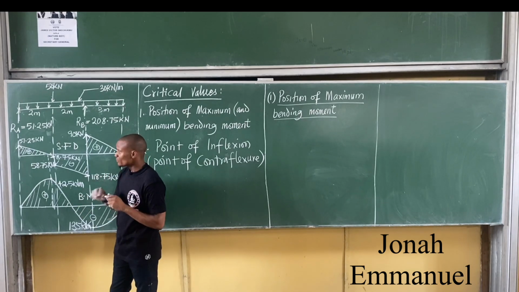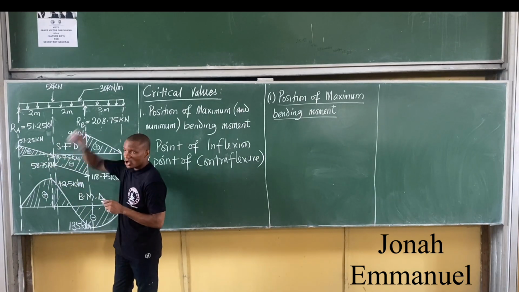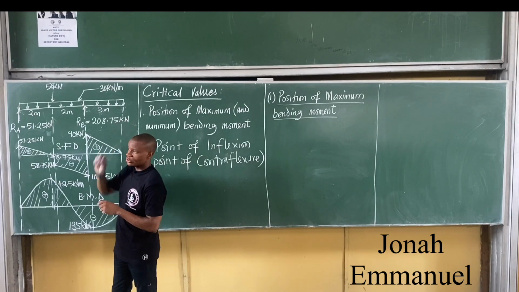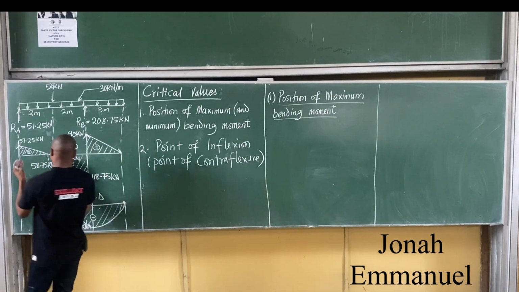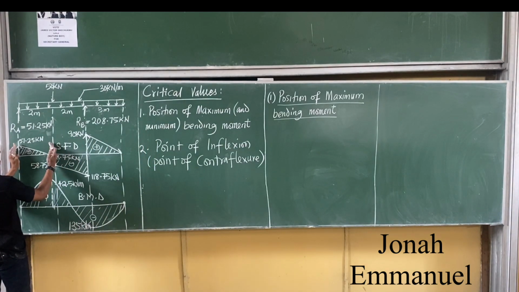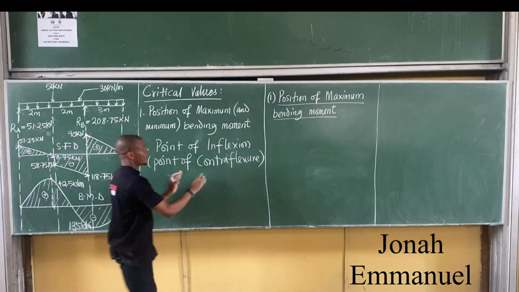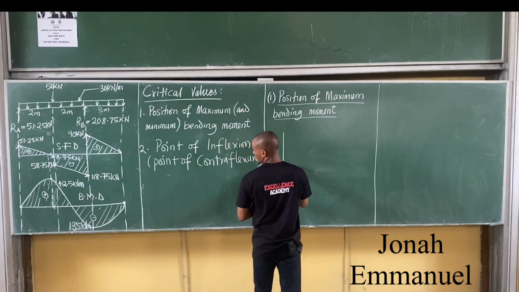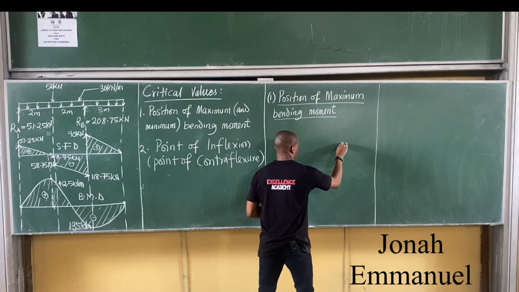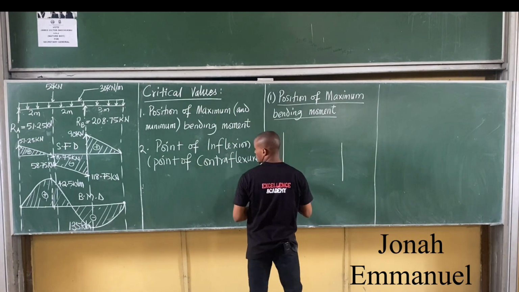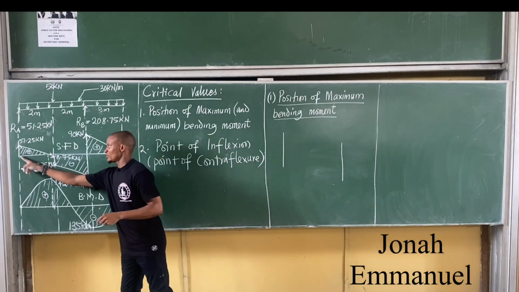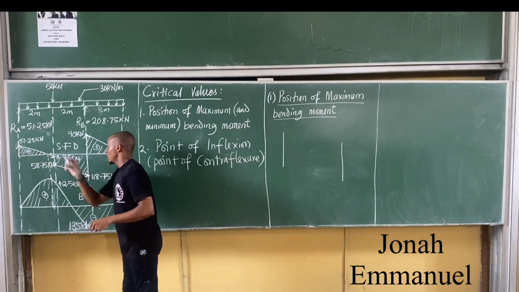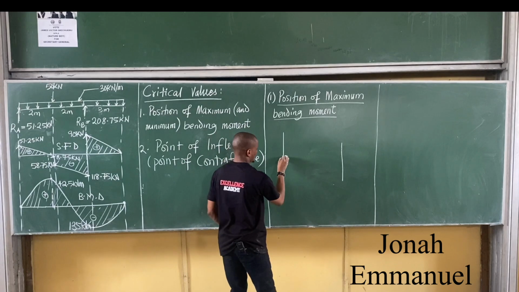So what do I do? If I look at this now, I can pick up 2 triangles. Look at this very well, please. I can see something that looks like this. You can see this straight line here, I'll draw my straight line.